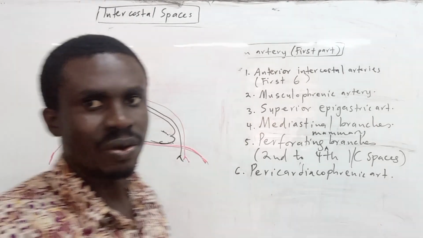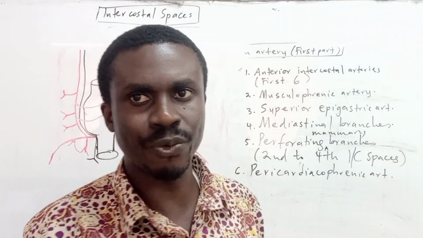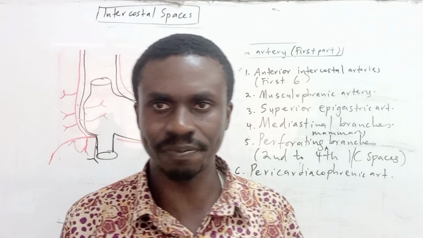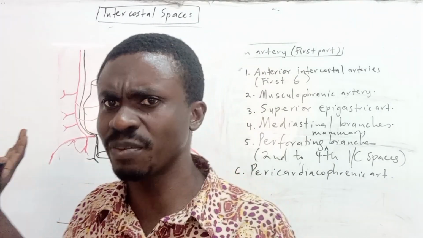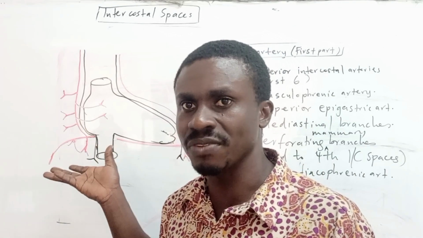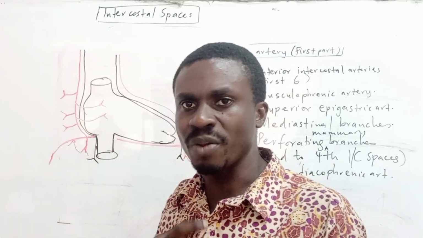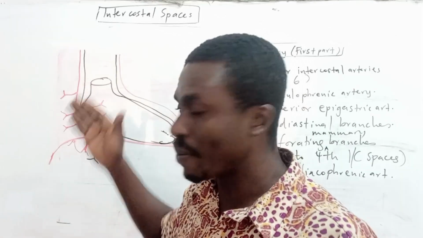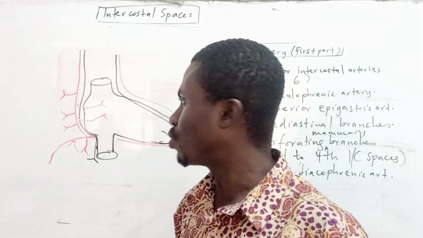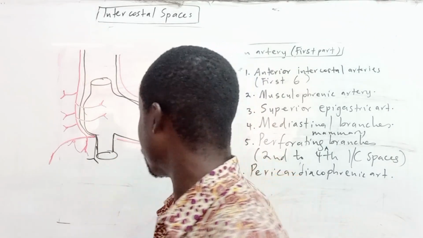These are the things that will be the supply of the pericardiacophrenic artery. It's as simple as that. Whatever the phrenic nerve is supplying, the diaphragm itself, the fibrous pericardium, the mediastinal pleura, the pleura over the mediastinum, this artery will be supplying it. That is what we are going to see.